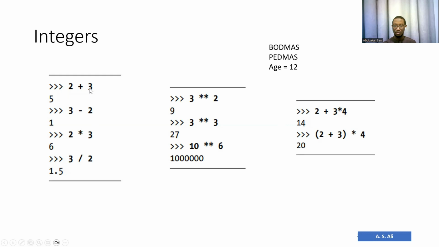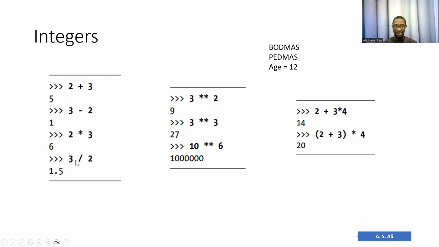The addition of 2 and 3 is also a whole number, which is 5. Subtraction between 3 and 2, the difference is 1, which is also a whole number. Same thing with multiplication. So addition, subtraction, and multiplication of two integers will give you an integer.